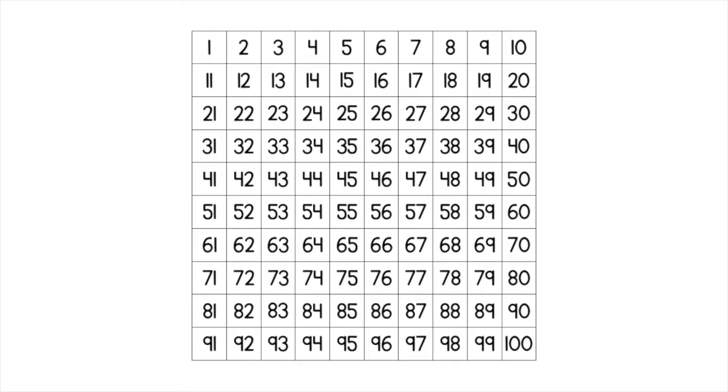And it's that idea that you can visually see that on a 100 grid, and you can play around with it, which is just really powerful. And then you can bring in things like times tables or multiples, and then the visual connection.